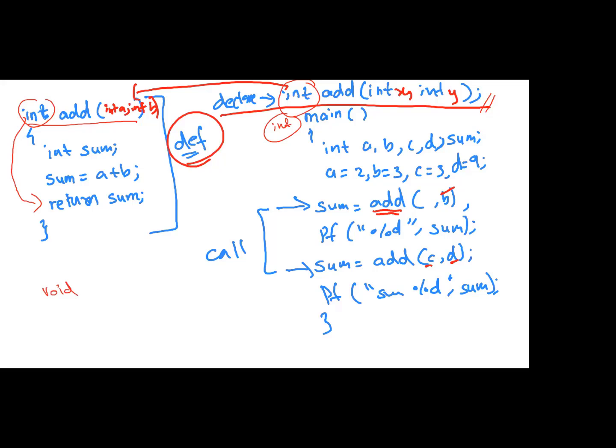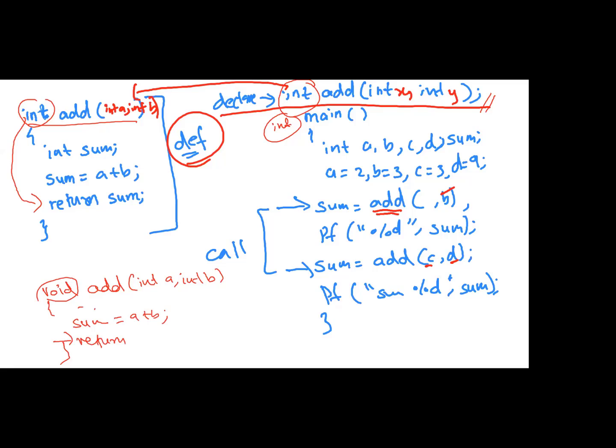Still the same, you can write void add(int a, int b), then int sum is equal to a plus b. So if it is void, you do not return any value.